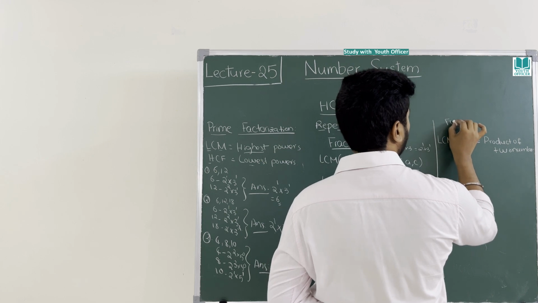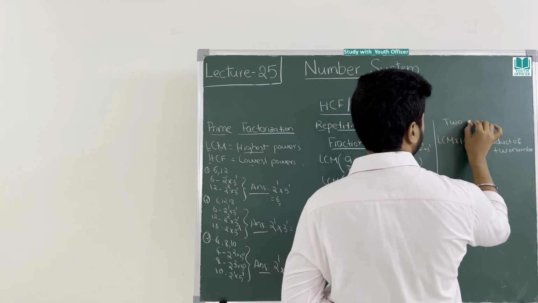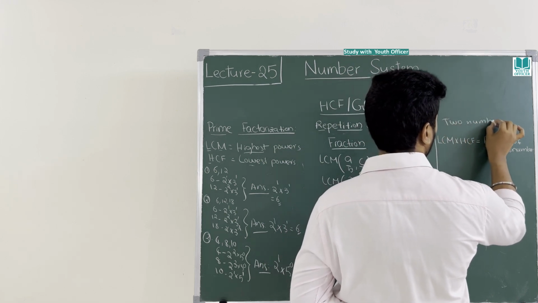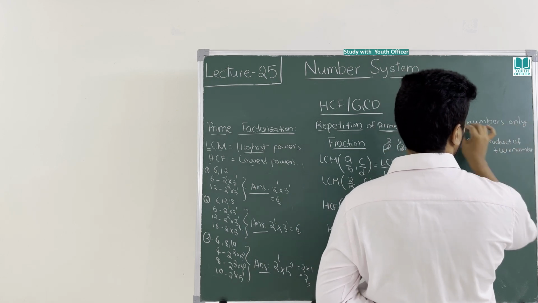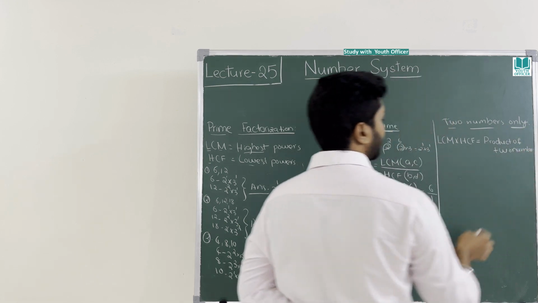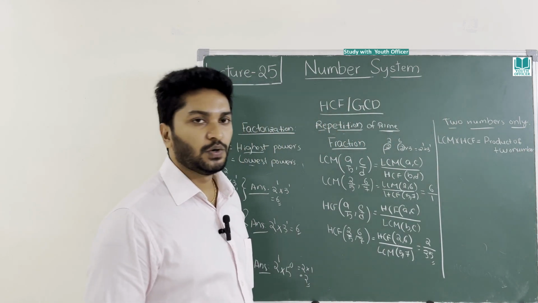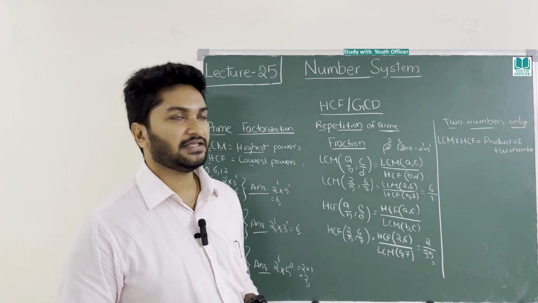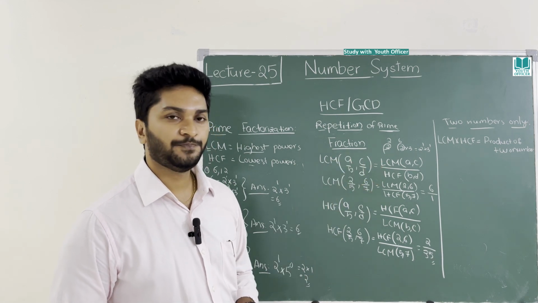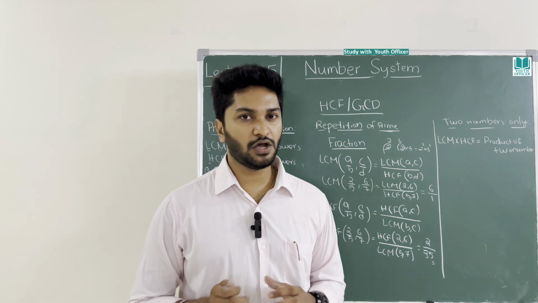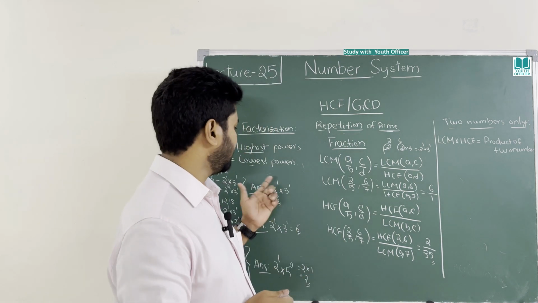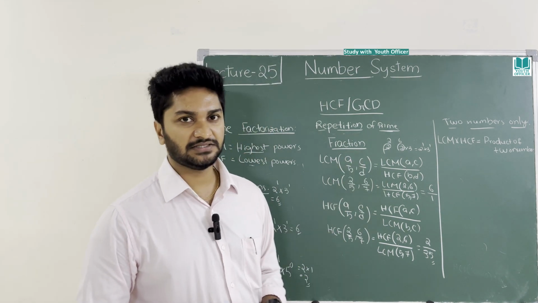This is for only 2 numbers, not for 3 numbers. This is a caution, my dear. Don't take 3 numbers and calculate like this. This will help you to verify your answer in the examination. Sometimes you may calculate in a wrong way, and at that time this will help you verify your answers.